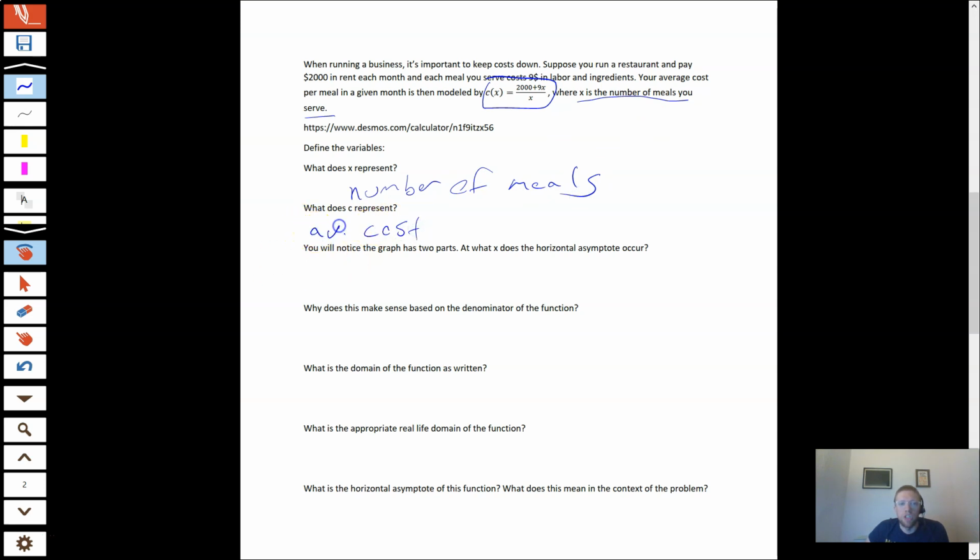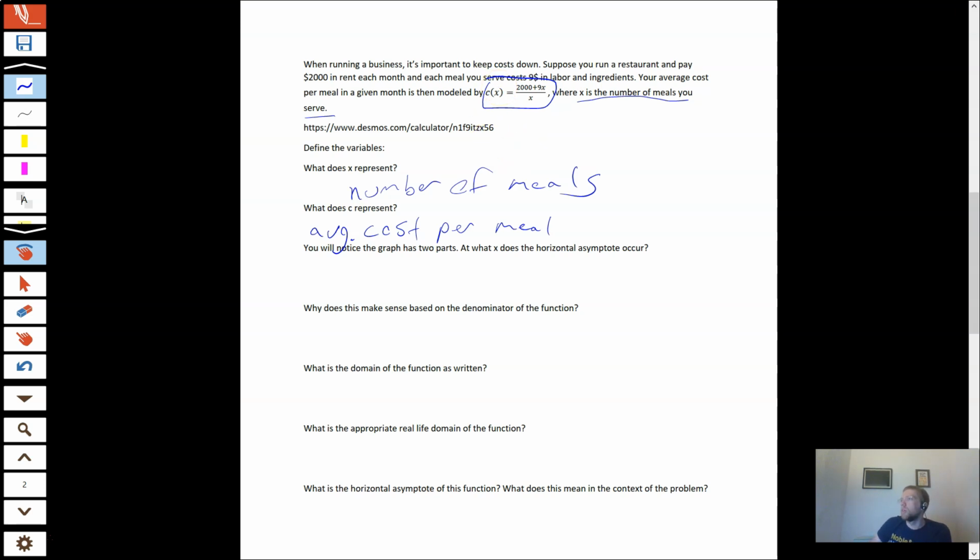We're going to say average cost per meal. And if you think about how this function's built, that makes sense, right? So the average is the total, so $2,000 plus $9 per meal over the number of meals, right? So average is always you add up whatever you get and then divide by the total number of things. That's actually what we're doing here, and that gives us a rational function.